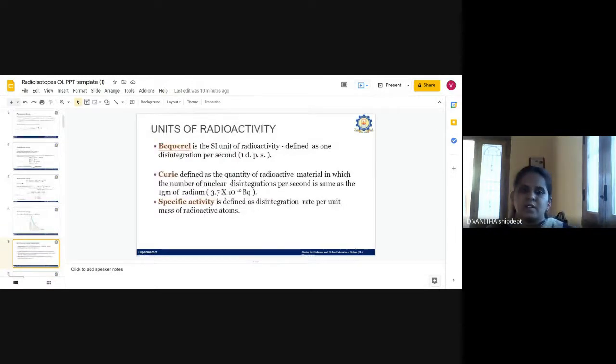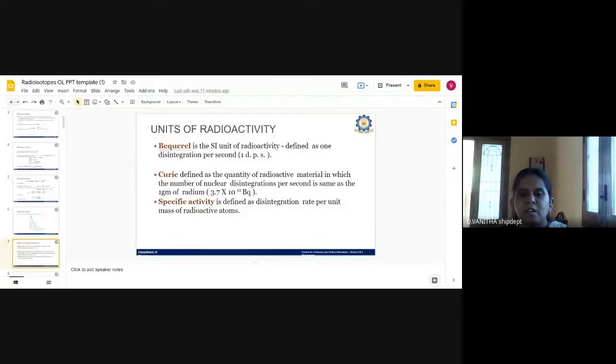The next one is the unit of radioactivity. The basic unit is the becquerel, the SI unit of radioactivity. It is defined as 1 disintegration per second, also written as 1 DPS. It is also given by another unit, the Curie, which comes from the name of the inventor, Marie Curie.